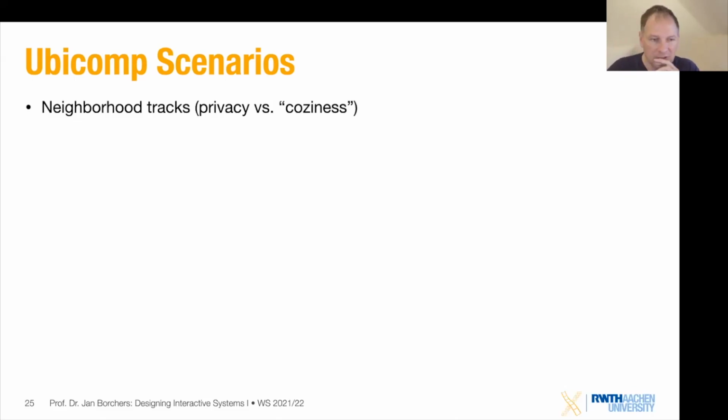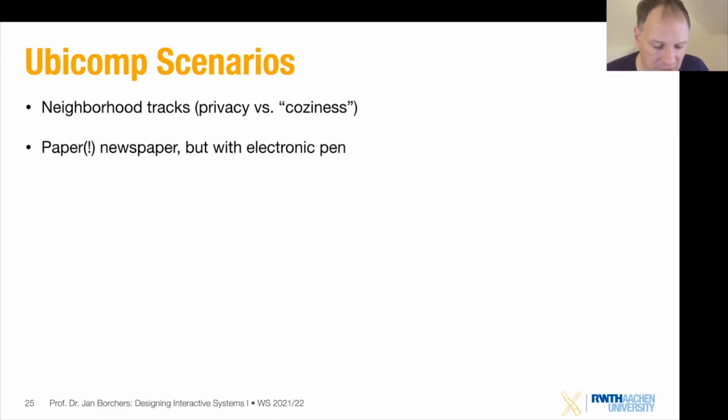Obviously. Another example talks about a person still reading a paper newspaper. When she reads something interesting, she marks it up with an electronic pen, and that digitizes what's in there and automatically puts it into her personal database of citations and quotes and information that she wants to collect.